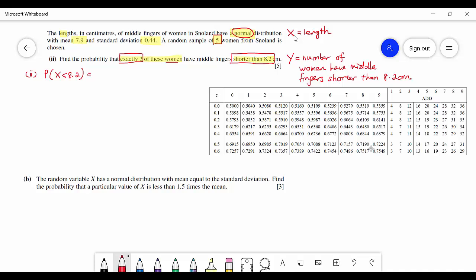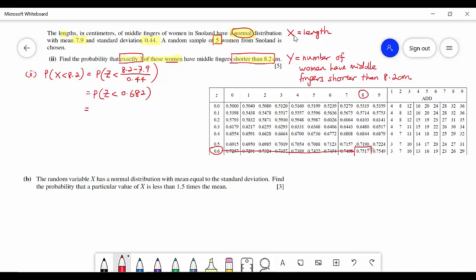To calculate the length which is smaller than 8.2, you need to standardize it. So 8.2 minus the mean, which is 7.9, divided by standard deviation 0.44. And from here you get the z value, which is 0.682. So to get the probability for 0.682, you look at 0.6 and 8.